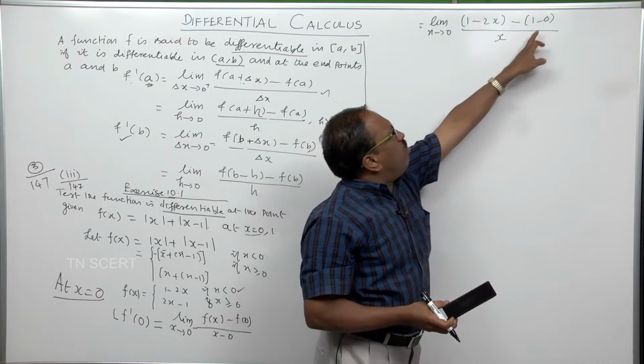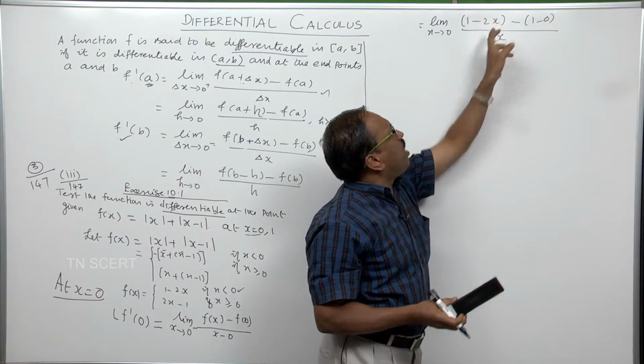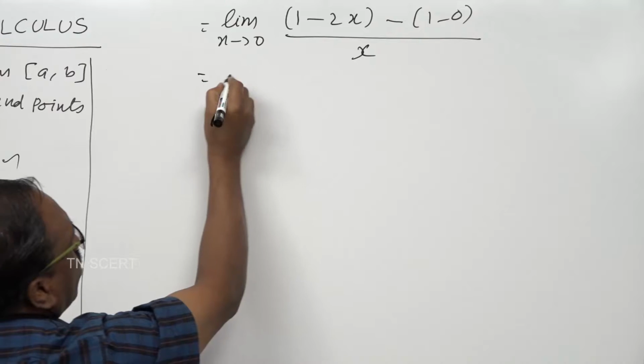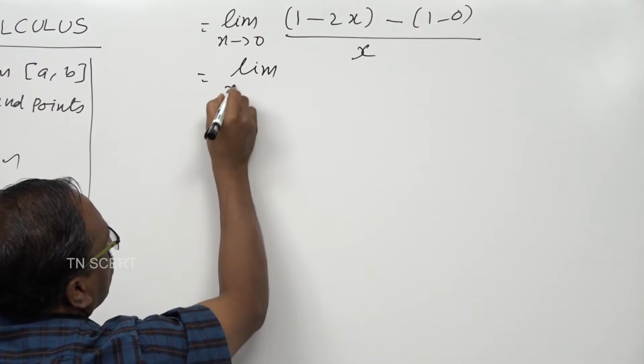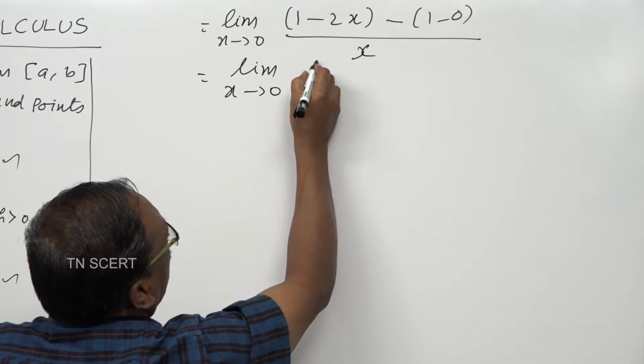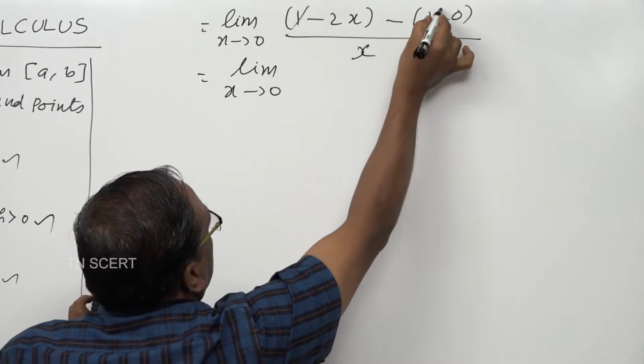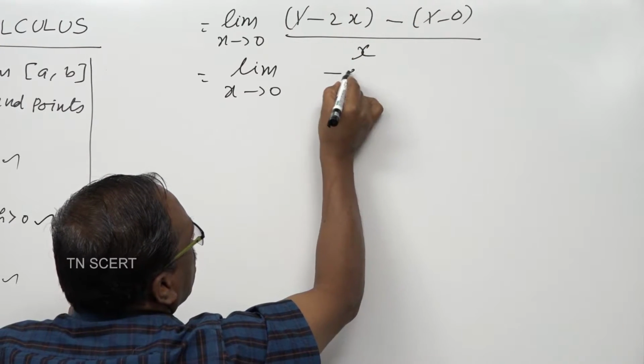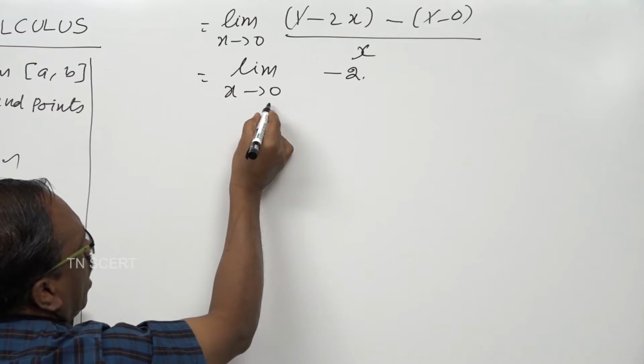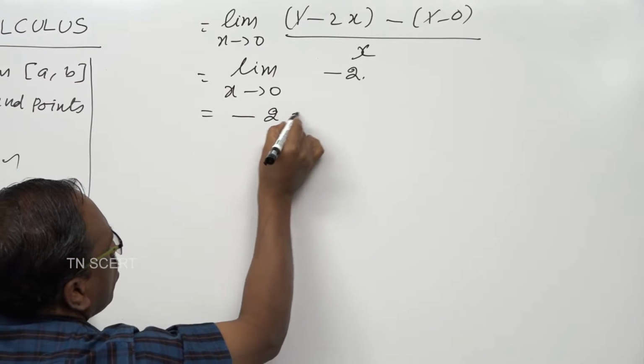Here 1 minus 1 gets cancelled, leaving minus 2x divided by x, that is minus 2. When you apply x equal to 0, the answer is minus 2. This is for the left limit.